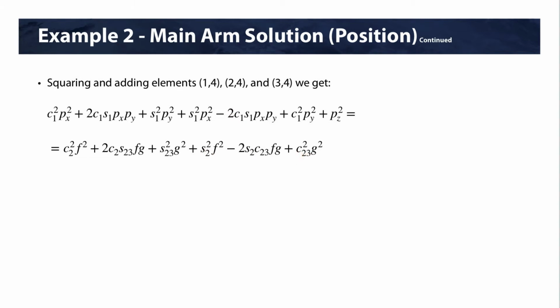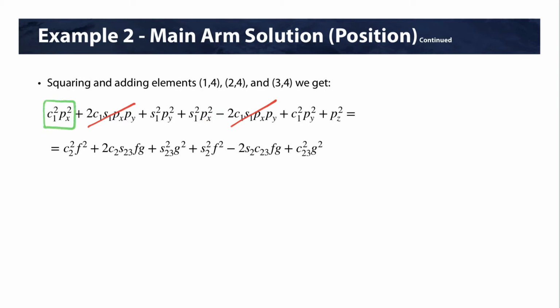Right away, you can see some things cancel out. This term 2 c1 s1 px py cancels with this minus 2 c1 s1 px py. And then you'll notice we have a lot of cosine squareds plus sine squareds, so we can use our trig identities.